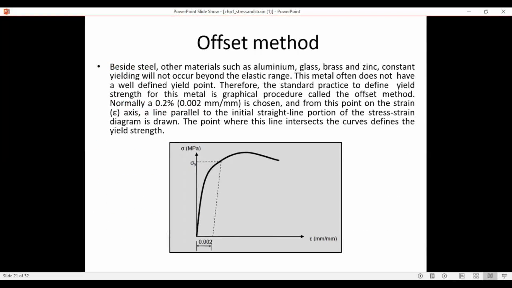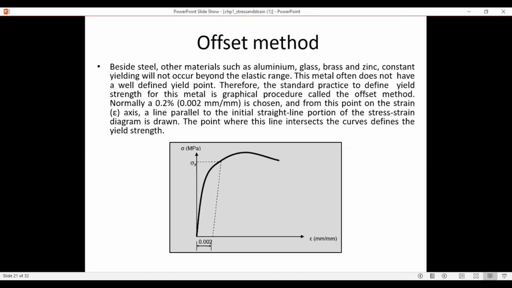Offset method. This offset method is very important for identifying and drawing the stress strain graph. Besides steel, other materials such as aluminum, glass, brass, and zinc will undergo yielding beyond the elastic range, but this metal often does not have a well-defined yield point.